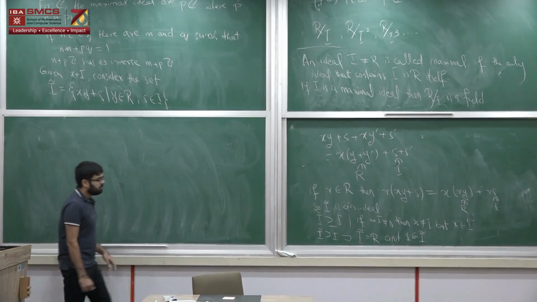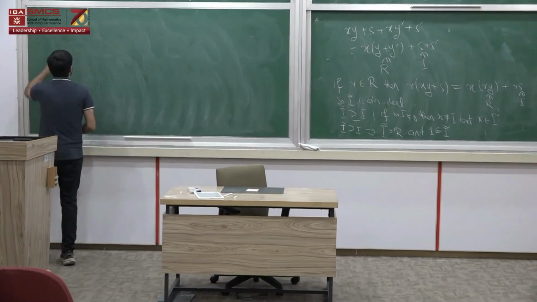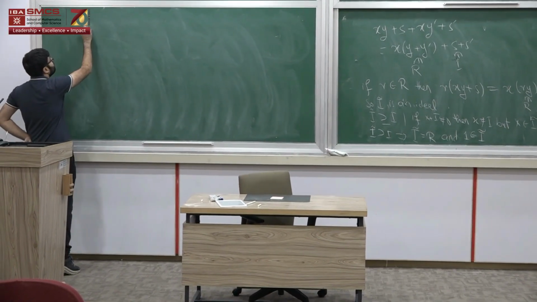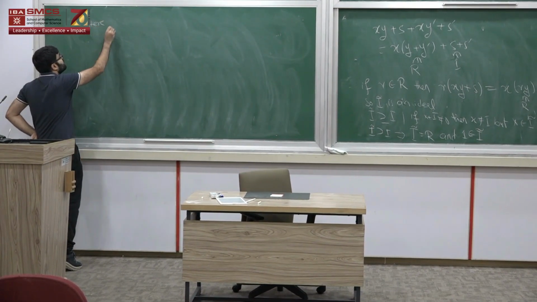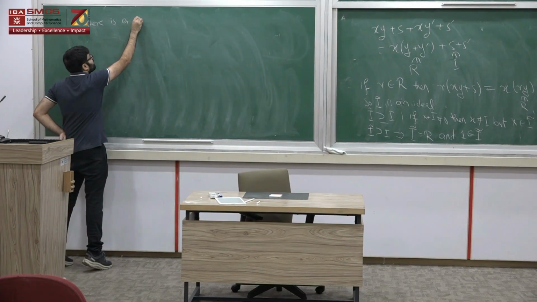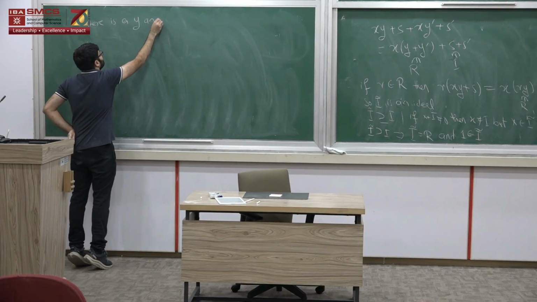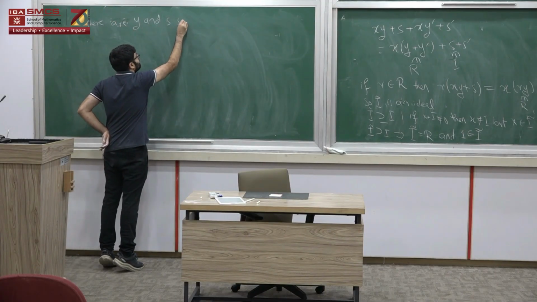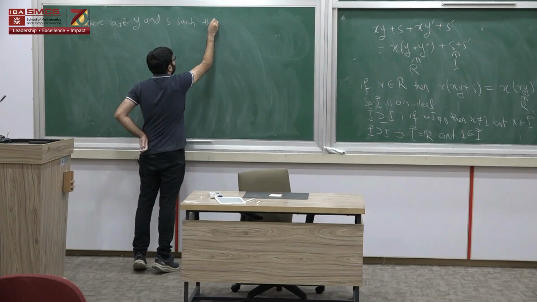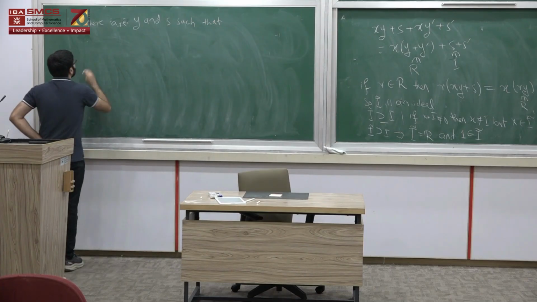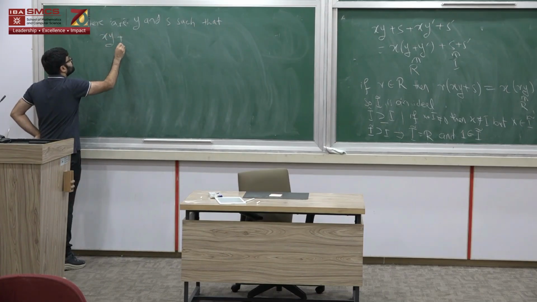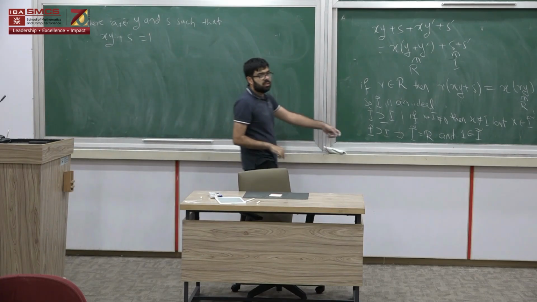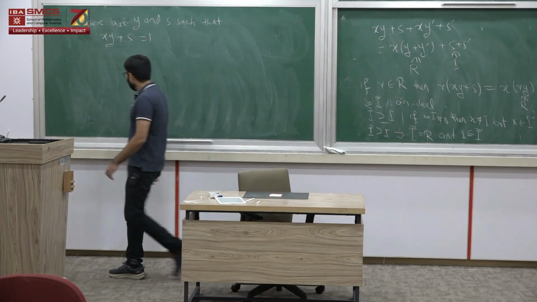So what this means is there are y and s such that x y plus s is equal to 1, because 1 is in my ring.